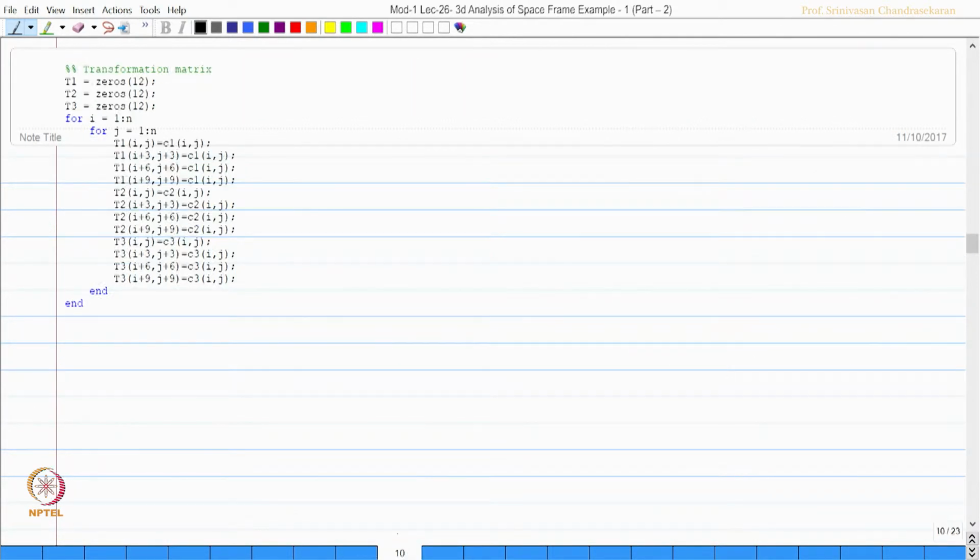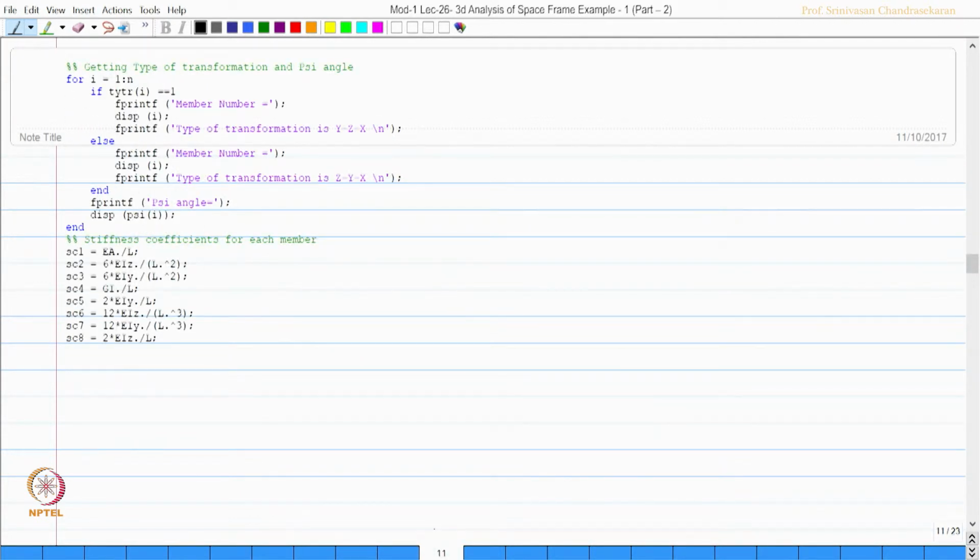Then continue the coding. We then form the transformation matrix, then we find the stiffness coefficients which we derived in the previous lecture for the entire matrix. We get now the stiffness coefficients and stiffness matrix for the member AB, for the member BC, for the member CD.